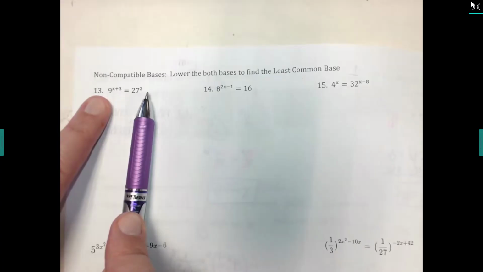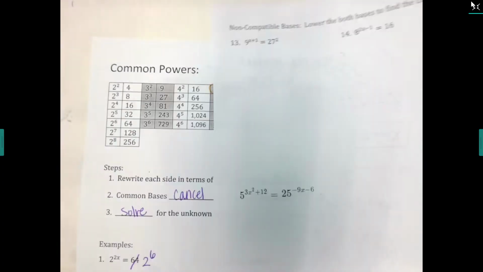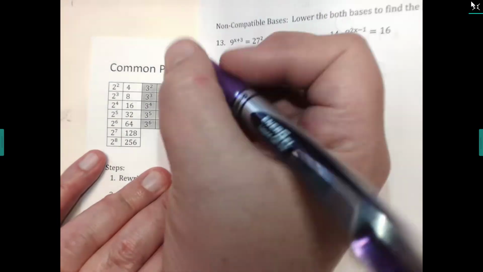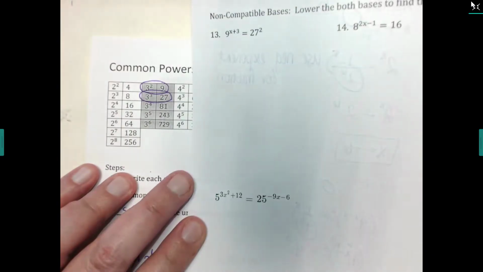Then what you're going to do is find a smaller base that they're both in the chart for. So I'm looking for 9 and 27, but in the same chart. Very good. In the threes chart. So 9 is going to go to a what? And 27 is going to go to a 3 cubed. Very good.